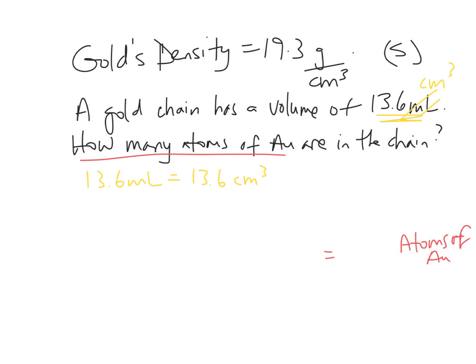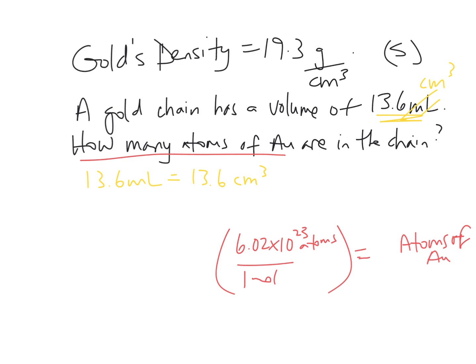Anytime we're counting particles, we expect this number to be very large, because we're going to have to use the factor of 6.02 times 10 to the 23 atoms in 1 mole of gold. We are inevitably going to have to use this conversion factor.